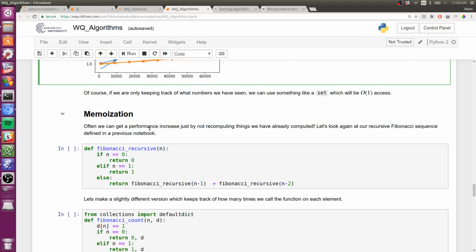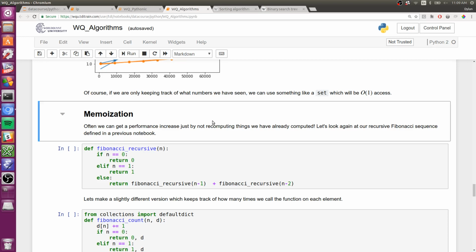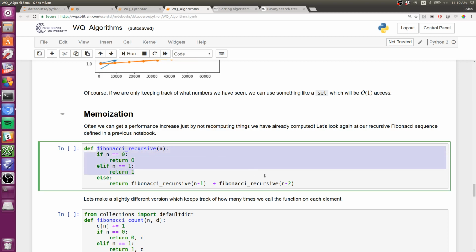Often, the reason we can make this trade is because we will be recomputing things in the course of computing a particular value. So for example, if we want to compute the Fibonacci numbers, we might have a recursive function that does that.